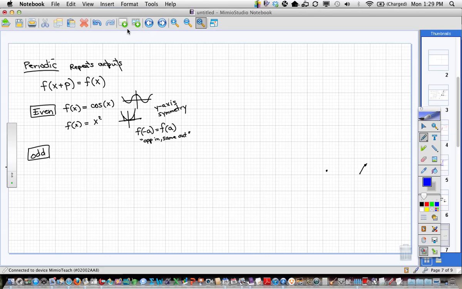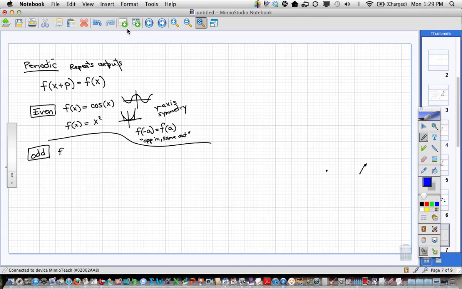So you put in 2 and negative 2 in x squared, you get 4. You put pi into cosine, you get negative 1. You put negative pi into cosine, you also get negative 1. Opposites in, you get the same out. Okay, that's an even function.